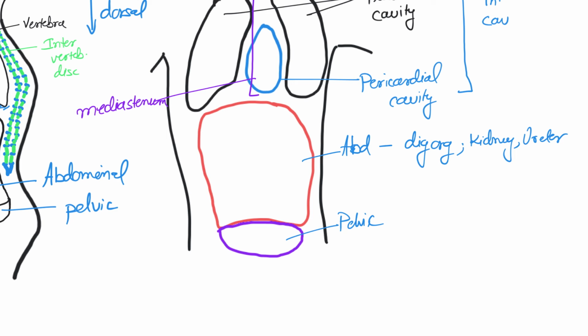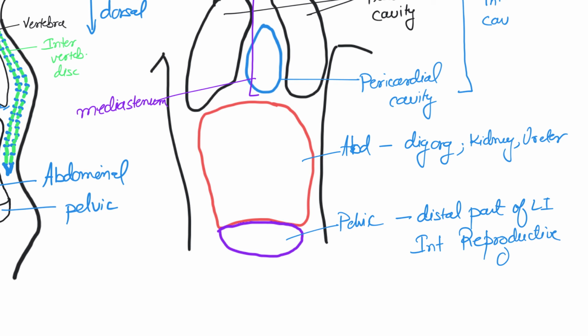Okay, the pelvic cavity will have the distal part, proximal, distal, I hope you remember. So the distal part of the large intestine would be there in the pelvic cavity, and obviously the internal reproductive organs would also be right here.